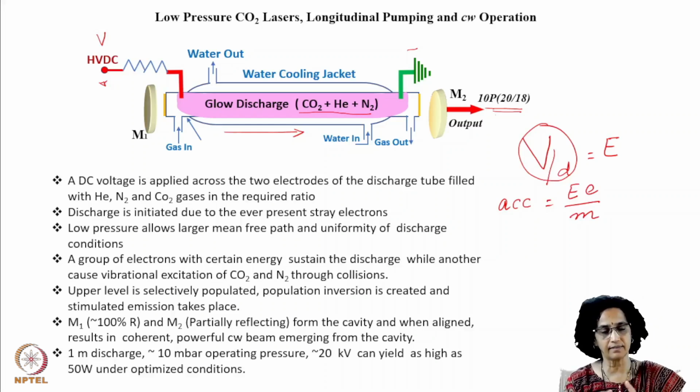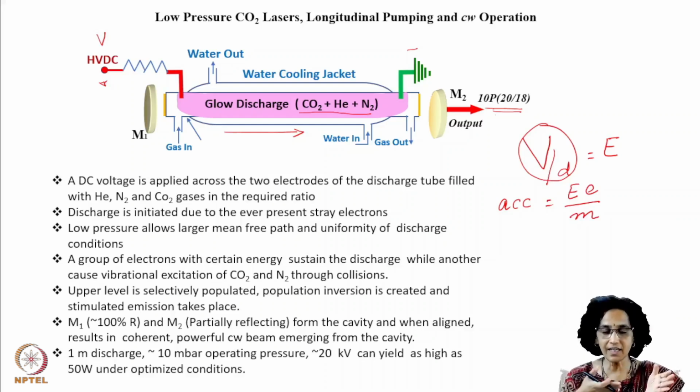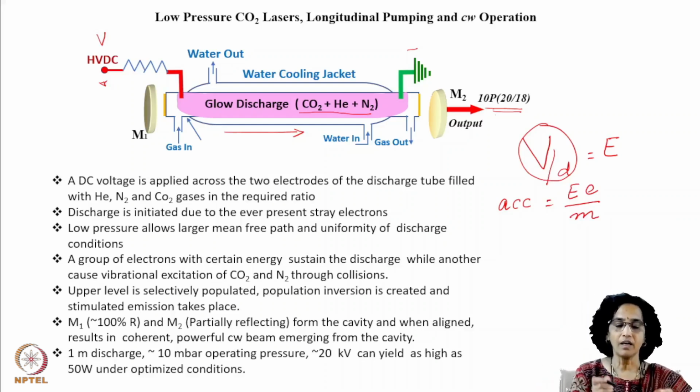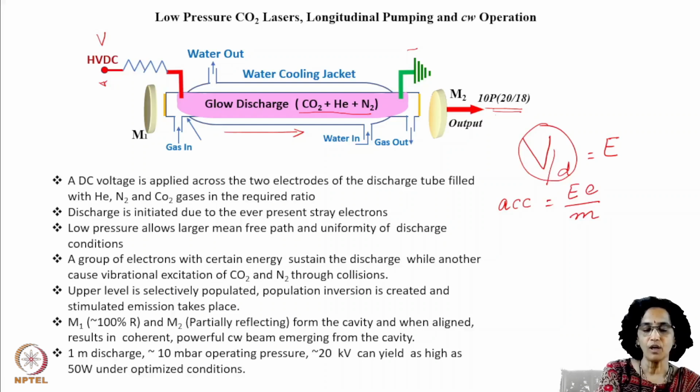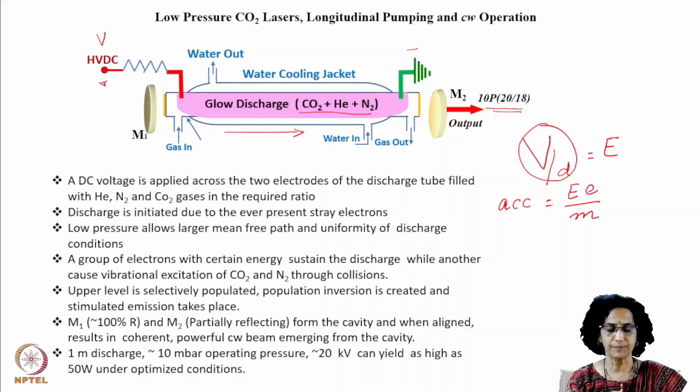When they cause ionization, more electrons are created. These electrons will create further more electrons. They get accelerated, energized, create more electrons. So this creates an avalanche, and therefore a current starts flowing from the positive electrode to the negative electrode, and we say that the discharge is struck.